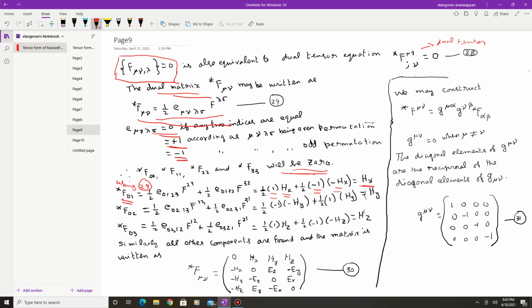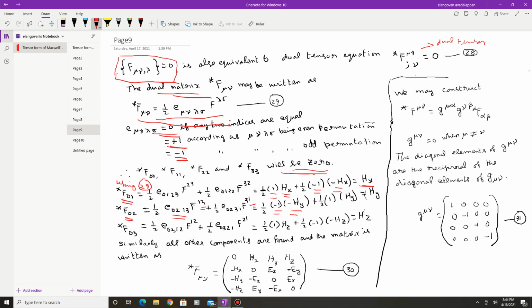Similarly, star F02. The non-vanishing values will be present only for indices other than 0 or 2, so 1 3 here and 3 1 here. For all the other indices it will be 0. This is E0213, an odd permutation, so minus, and F13 from the matrix is minus xy.